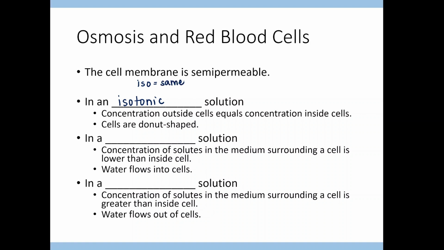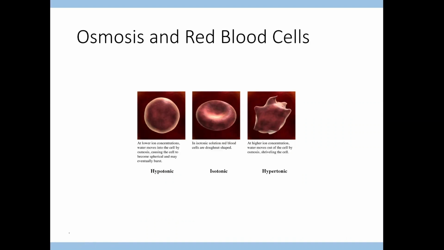So similar, same solution. What that's referring to is the concentration outside of the cell equaling the concentration inside the cell. These cells are donut shaped. This is isotonic right in the center here. So this is an isotonic solution with red blood cells.